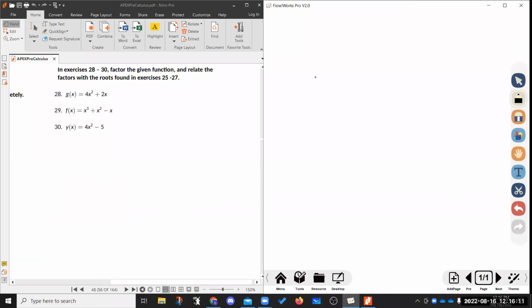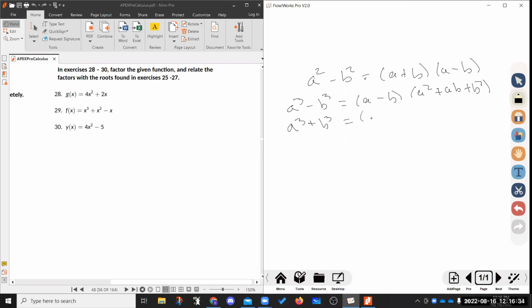Let's review our factoring techniques really quickly. We have a difference of two squares that's going to factor like this. We have a difference of cubes that's going to factor like this. We have a sum of cubes. It's going to factor like this.